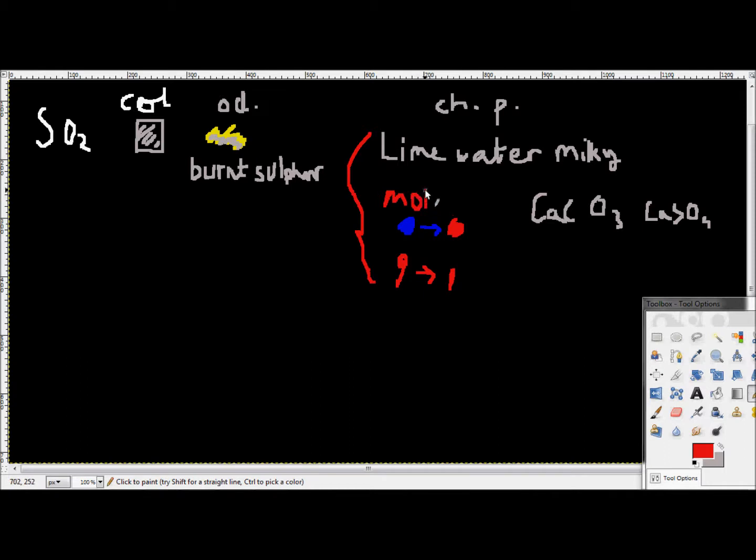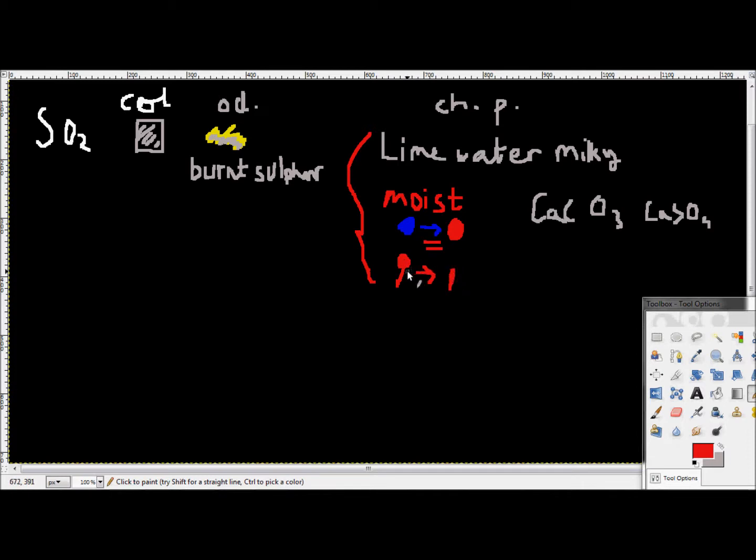Always when we're talking about litmus here, it needs to be moist litmus. This reaction will only take place when you have moist litmus, or if your compound is hydrous, that is, it has water in it, only then will it take place. So always mention moist. Okay. So it extinguishes a glowing splinter. So it's the same as CO2 here as well.